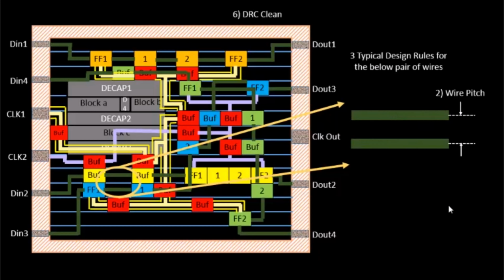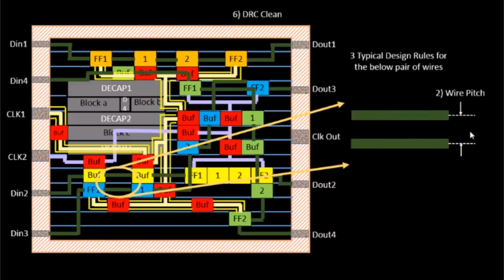They print multiple lines with varying pitches, from closest to widest, and then arrive at optimum numbers. For example, this one will be printed very faithfully, so what you see on the mask is what you see on the silicon. That's how they come up with these numbers. We'll talk about more optimization of lithography techniques in a separate set. Let's focus on the concepts here. This is how they come up with the minimum wire pitch and minimum wire spacing.